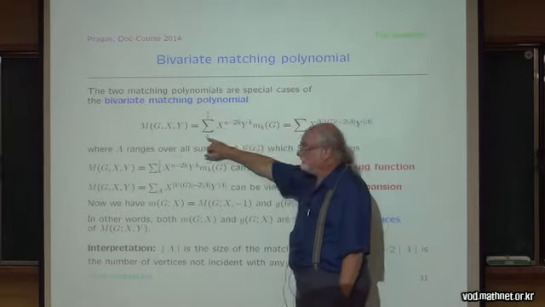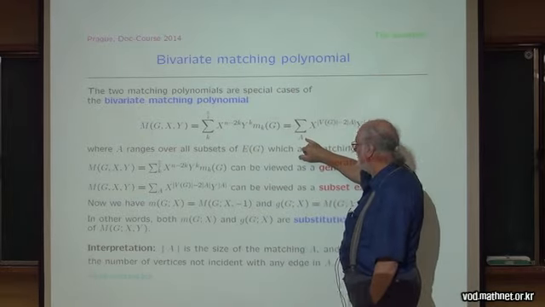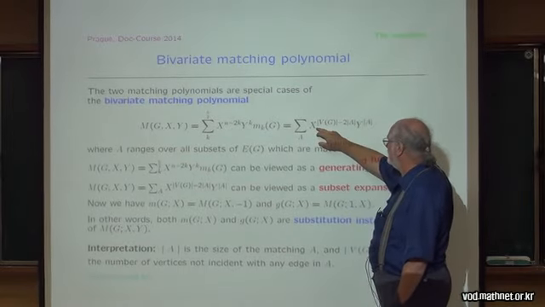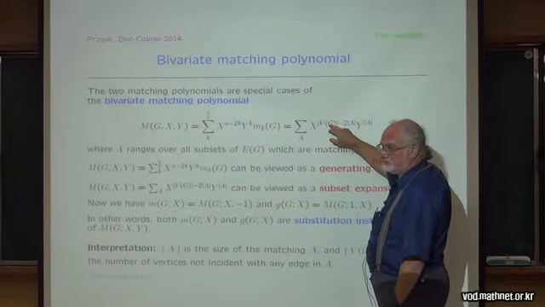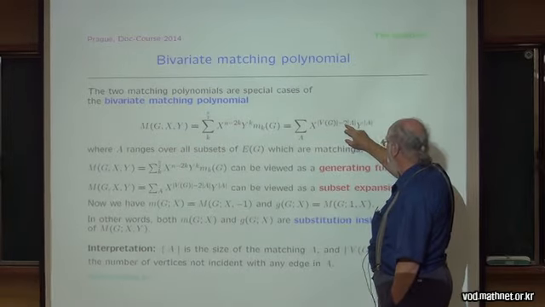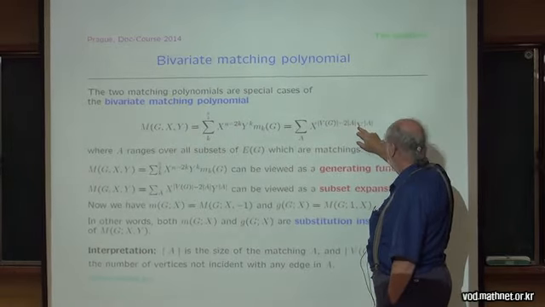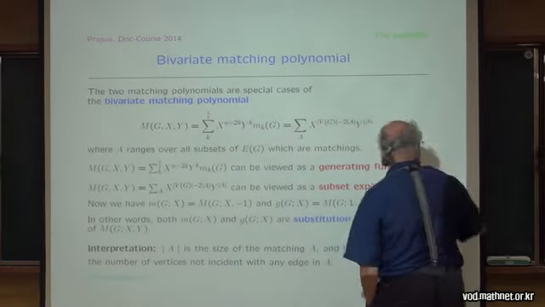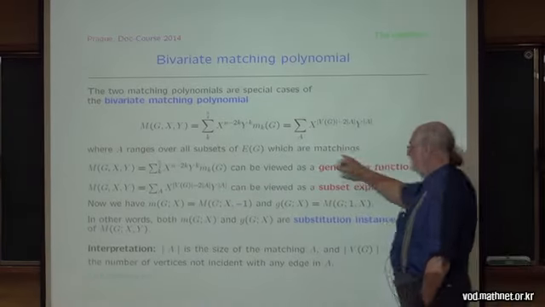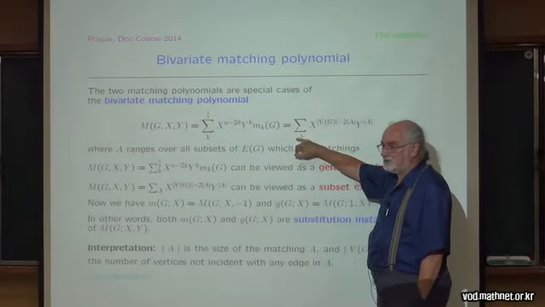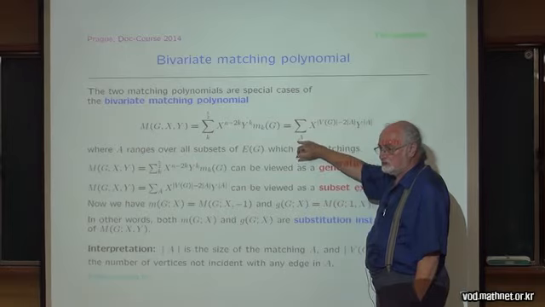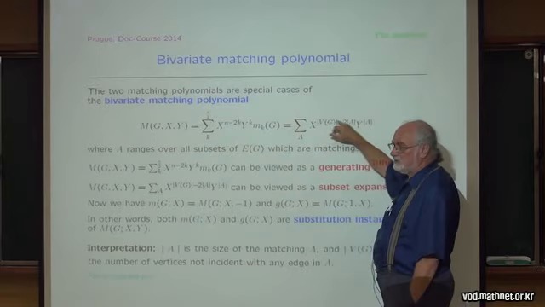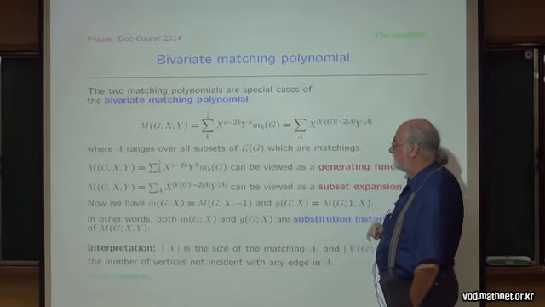So instead of summing over k, you can sum over A, where A is a matching, and you just write x to the power of the size of the vertices of G minus twice the size of A, times y to the size of A. So you get close to the form here, but you have an additional property: A doesn't range over all subsets of edges, but only over certain edges. But again, you have x to the power of one parameter and y to the power of another parameter.